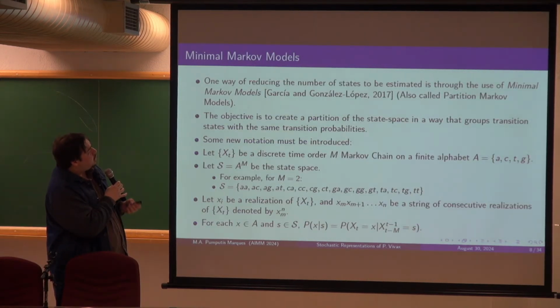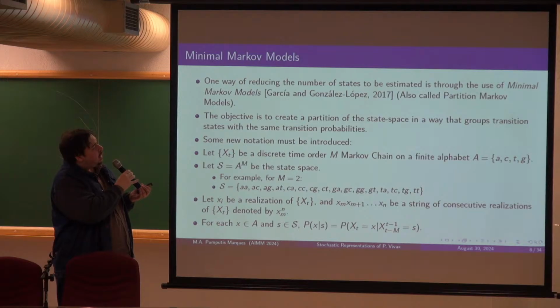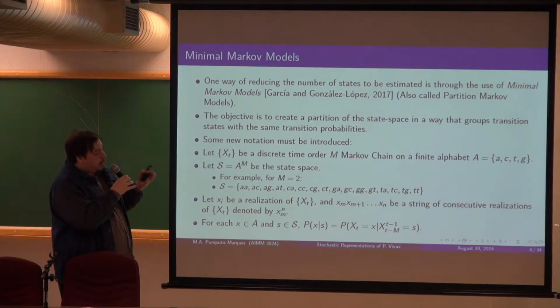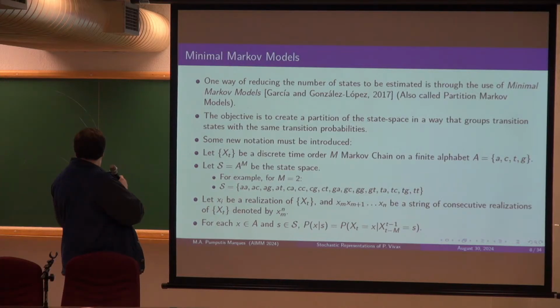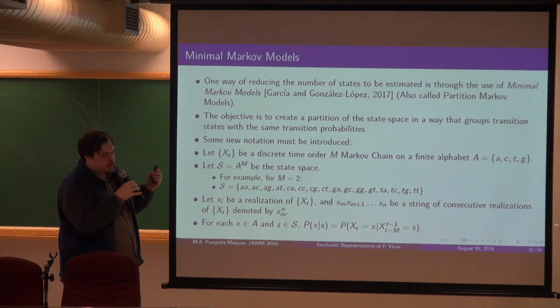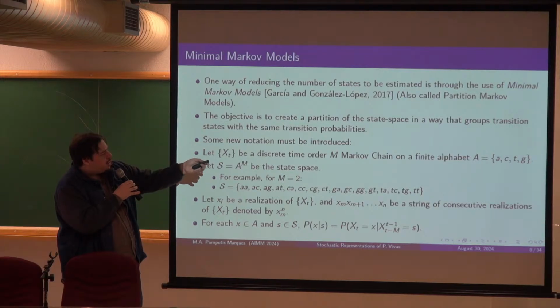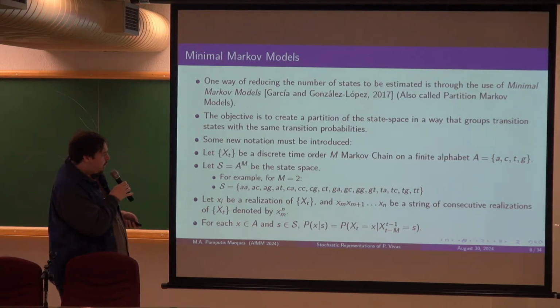So the idea here is that we are going to introduce this concept of a minimal Markov model to partition the state space, right? So we must introduce some notation. We have a discrete time Markov chain X_t of order M in a finite alphabet A, equal to the nucleotides.